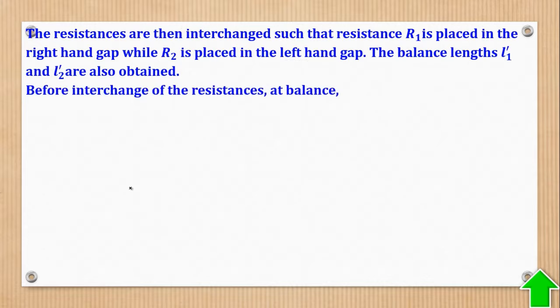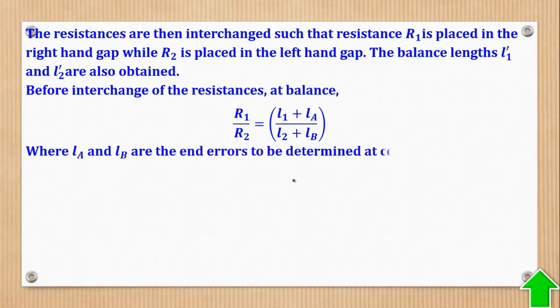Before interchanging the resistances, at balance, R1 over R2 is equal to L1 plus LA over L2 plus LB. Now this LA and LB are what we call the end errors. LA is the end error at A, and LB is the end error at B. They are constant, meaning that even after interchanging, the values will still be LA and LB.